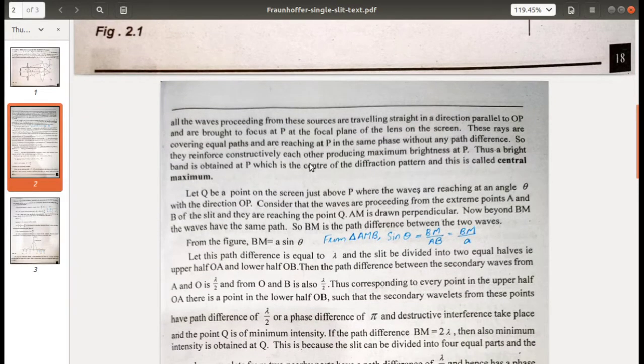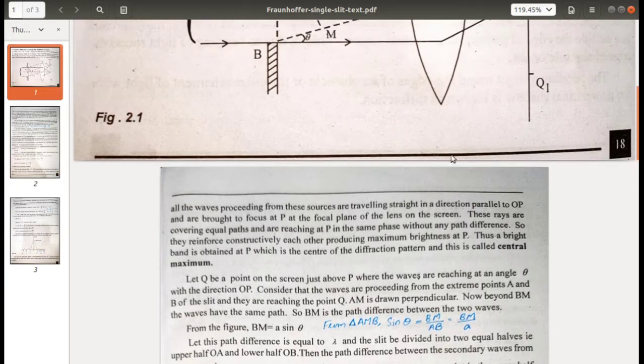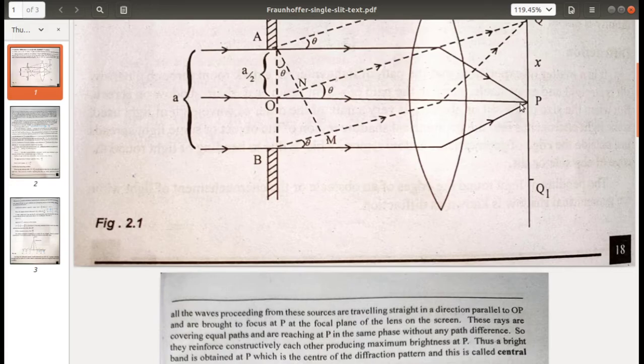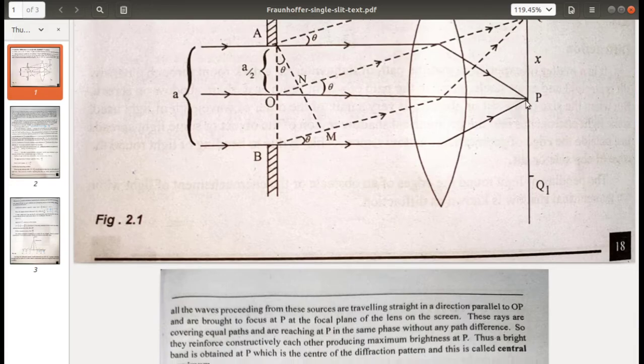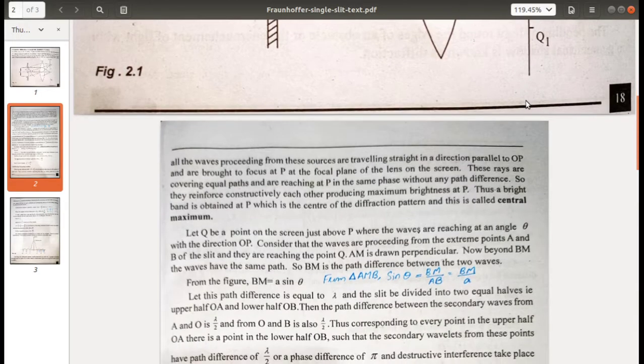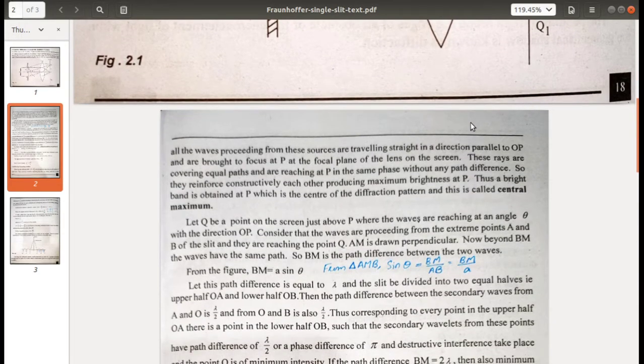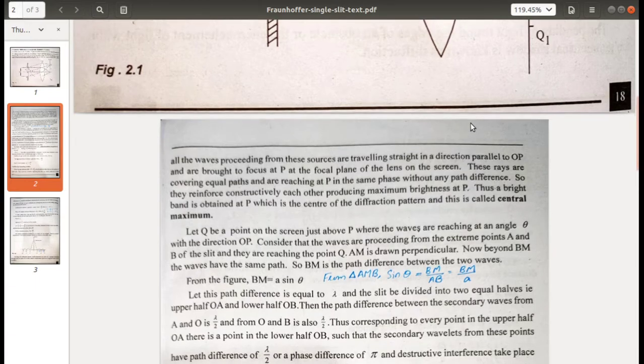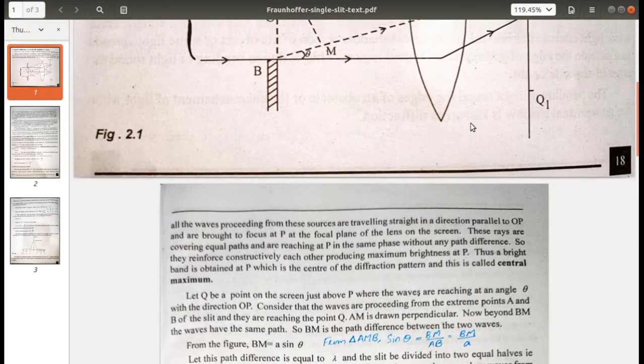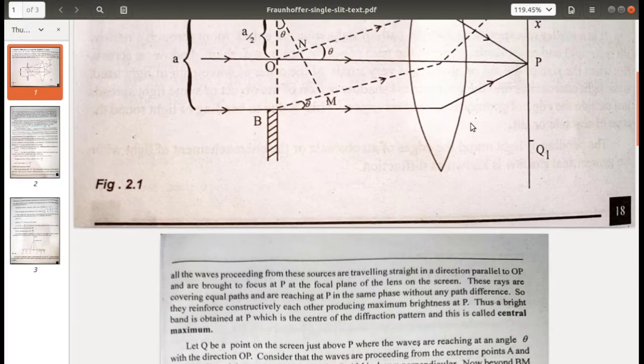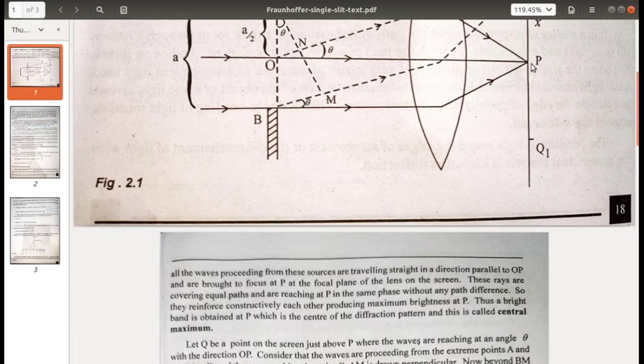So they interfere constructively, reinforcing each other and producing maximum brightness at the point P. Thus a bright band is obtained at P, which is the center of the diffraction pattern and is called the central maximum.